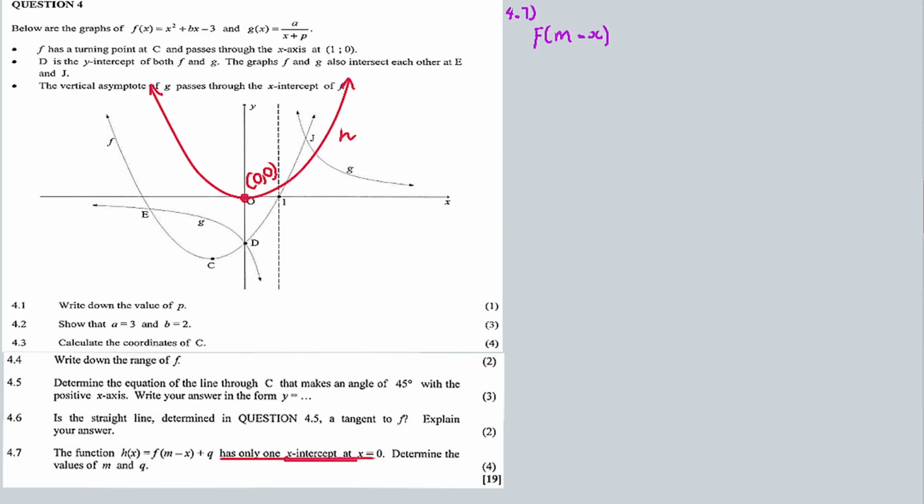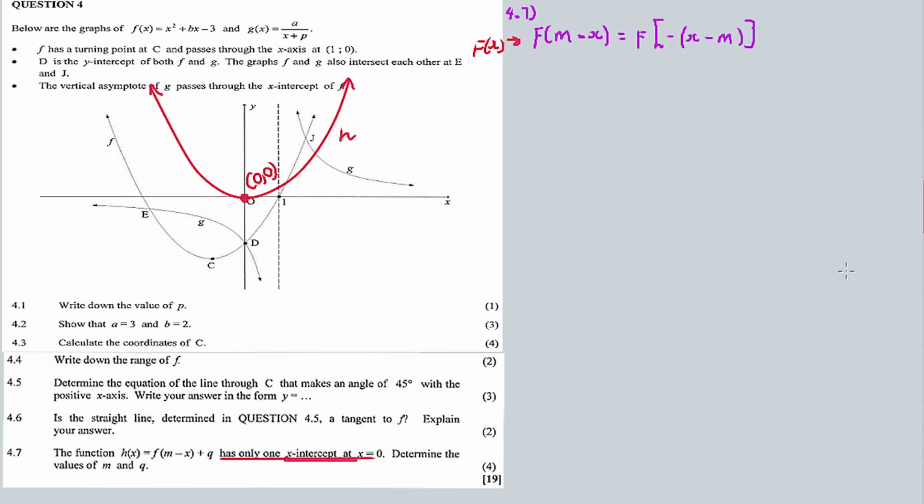Here is f of x. F of x is transformed to f of m minus x, right? But in order to have more clarity, we have to make our x positive. So how do we make x positive? We apply the sign change rule.